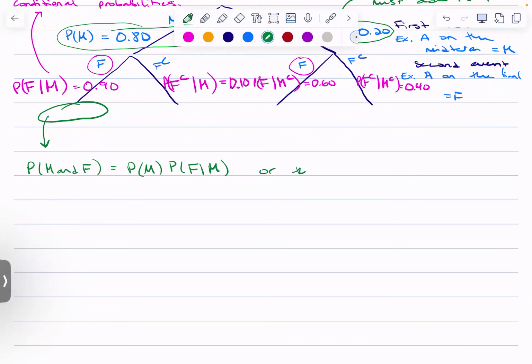The probability at the end of each branch is just multiplying down the branch.